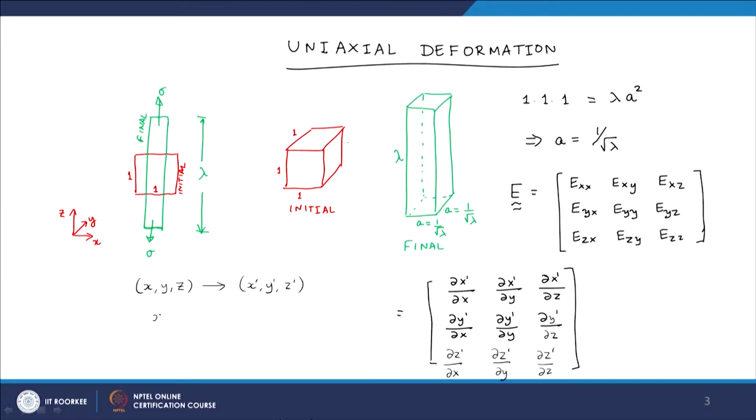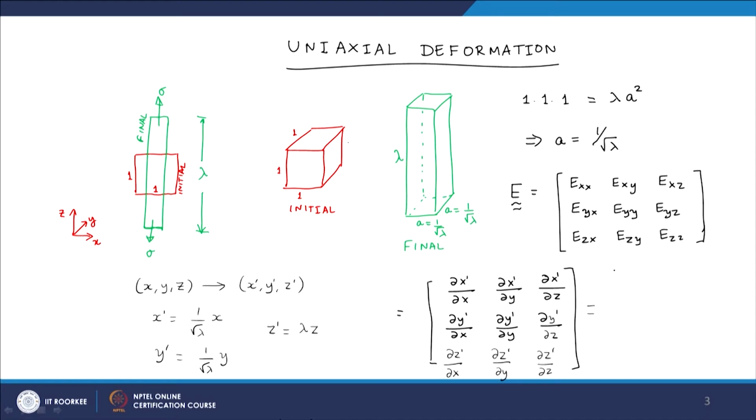So, then I can write here x prime as 1 over square root of lambda x, y prime is 1 over square root of lambda y, z prime is equal to simply lambda multiplied by z.